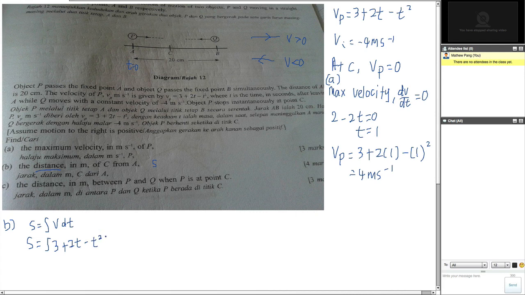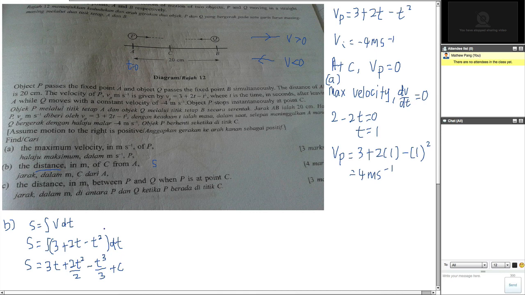The dt doesn't mean much. It just means you can only integrate when you have the variable t. So the important part is 3 plus 2t minus t squared. If I integrate this, it will be simple. 3 will give me 3t. 2t will give me 2t squared over 2. And t squared is power plus 1 divided by the new power, plus c.